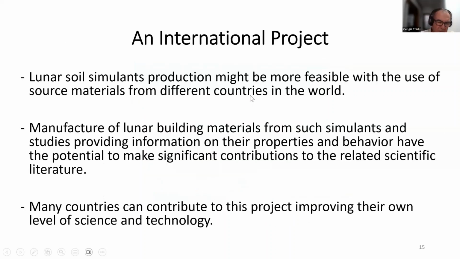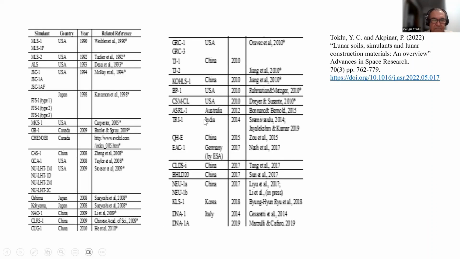Now, this production of lunar soils is an international project. There are many countries and many universities or other institutions working on this project. And of course, working on such a project, from our experience, is not very expensive and can be carried on in many countries. And of course, it has the effect of improving the level of science and technology of those countries.